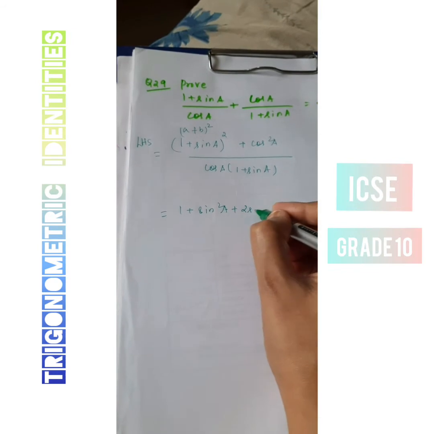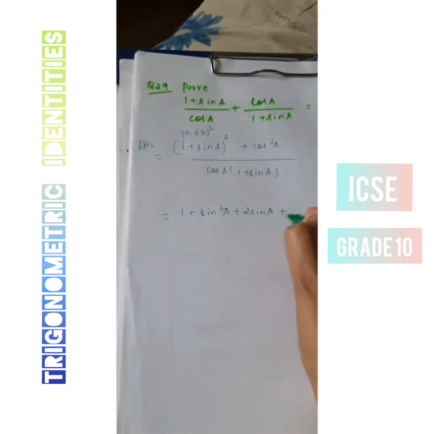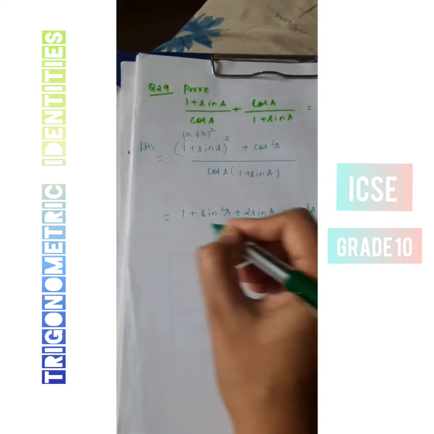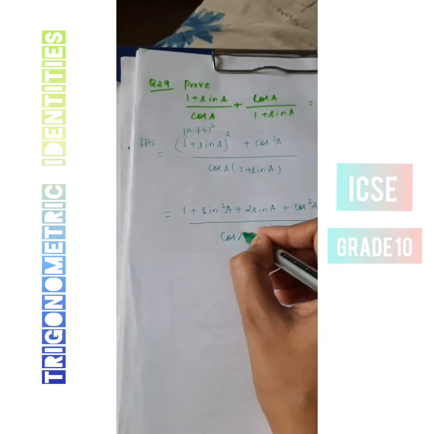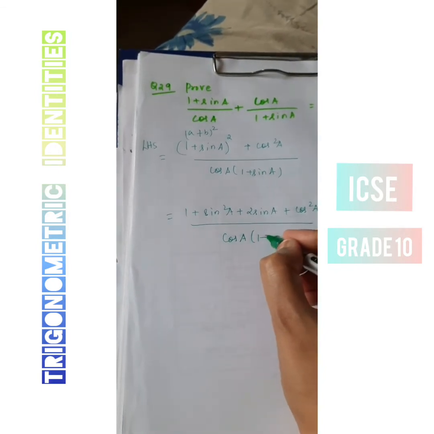That's going to be 2 into sin A plus cos square A by cos A into 1 plus sin A.